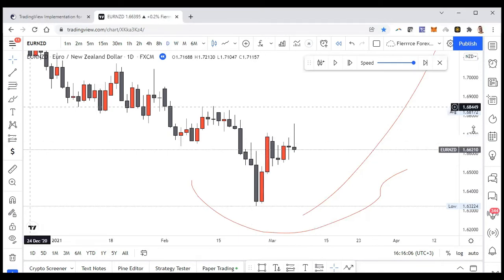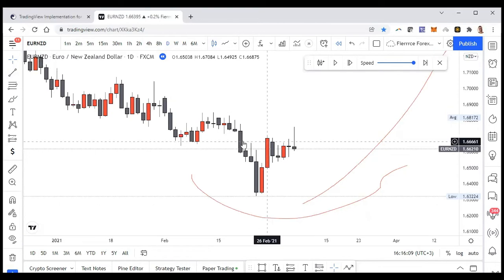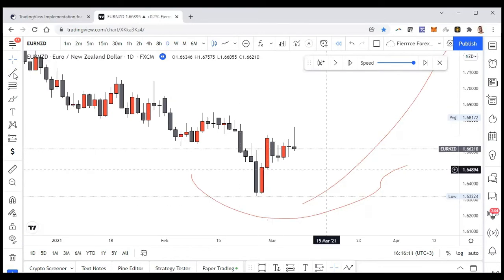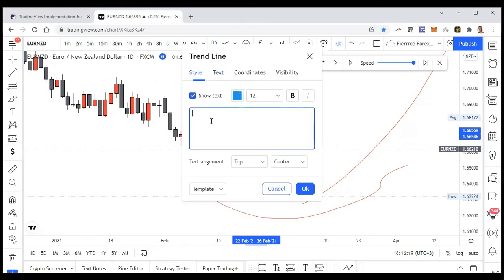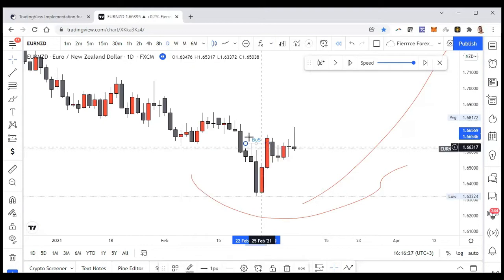So what I usually say is, when I see a break of structure anywhere, I just mark it out, okay? So this would be my break of structure, and I'll probably label it and say this is my B, not my BS, but my BOS, on a light note. So this is my break of structure, okay?